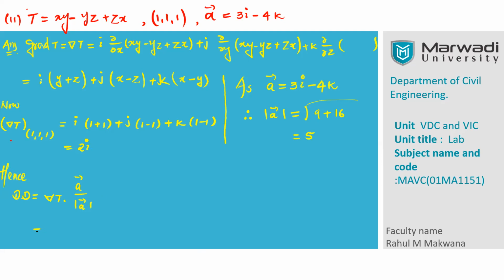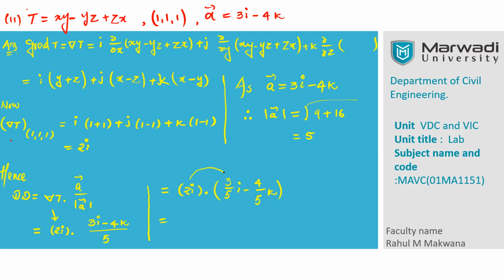is nabla T dot vector divided by its magnitude. Here nabla T is equal to 2i, and the vector is 3i minus 4k divided by the magnitude. So it is 2i dot product with 3 divided by 5 i minus 4 divided by 5 k.